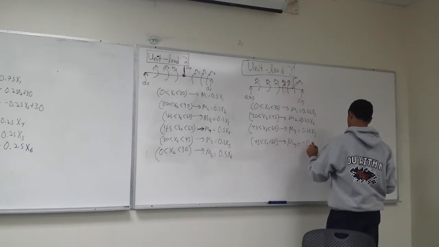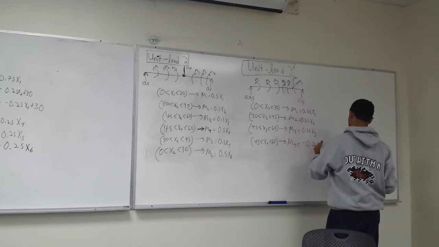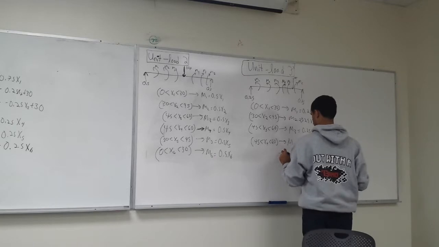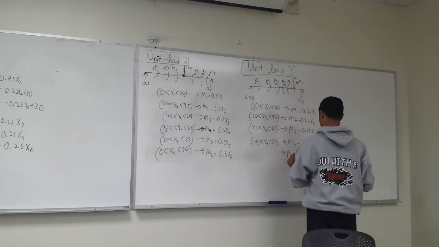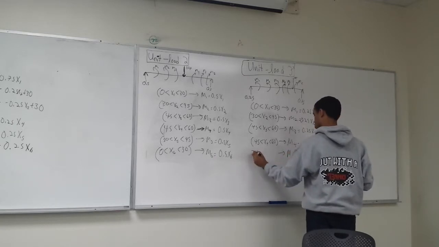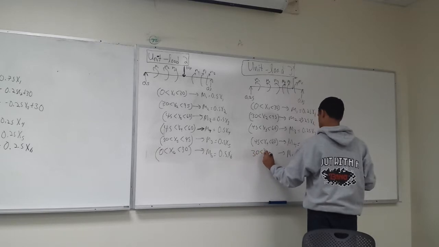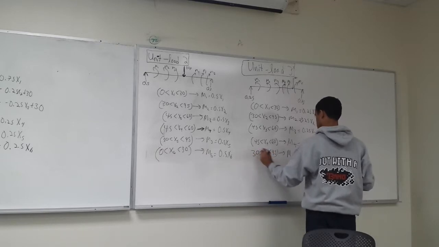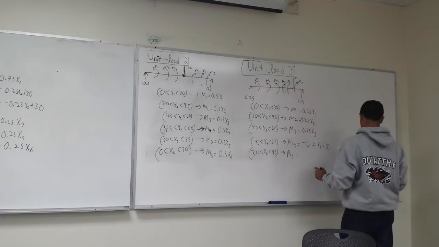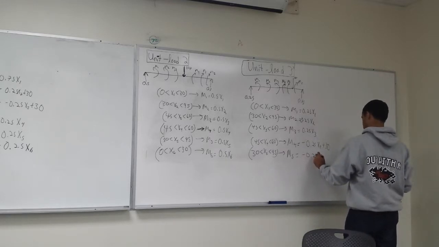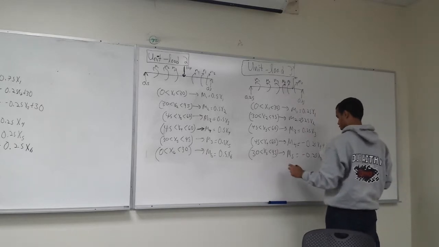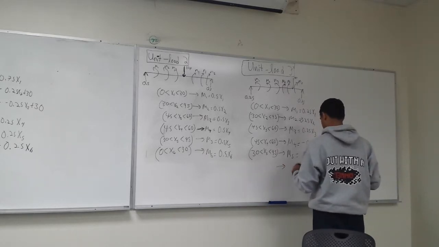Negative M4 is equal to negative 0.25 x4 plus 30. And M5 is equal to negative 0.25 x5 plus 30, going from 30 to 45 from right to left.